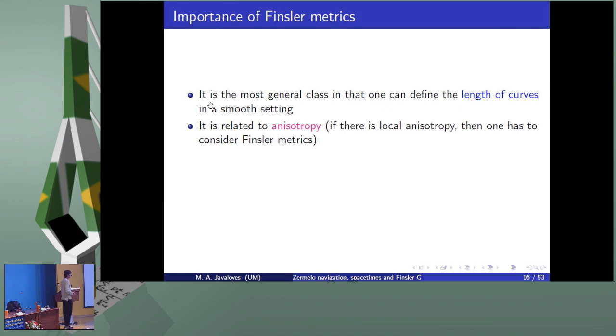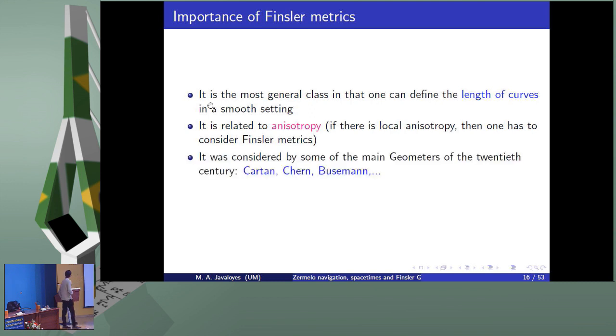So when there is a lack of symmetry, a Finsler metric will immediately appear. I have to say that it was considered by some of the main geometers of the 20th century, such as Cartan, Chern, and Busemann. It also has many applications in the real world.